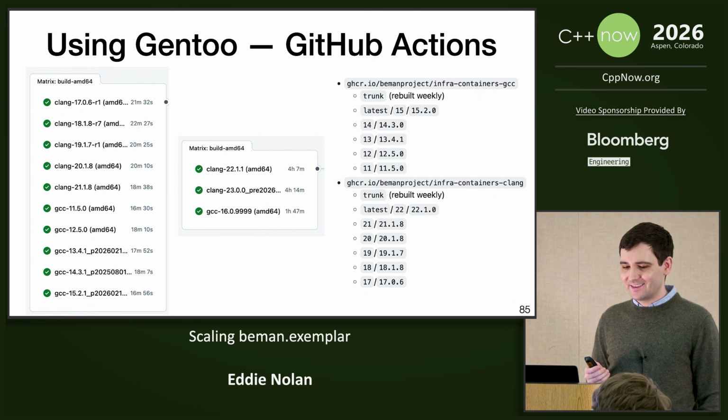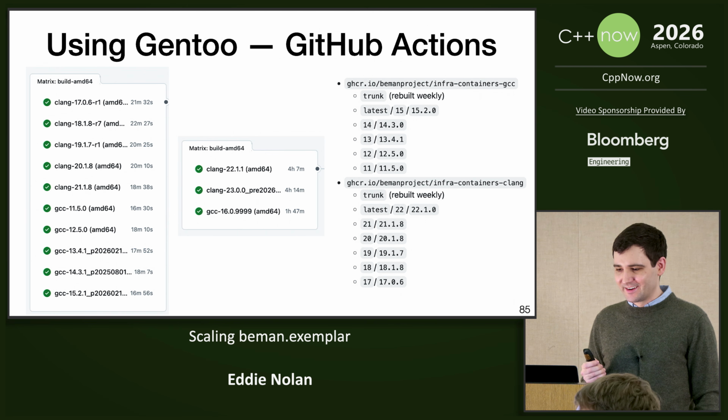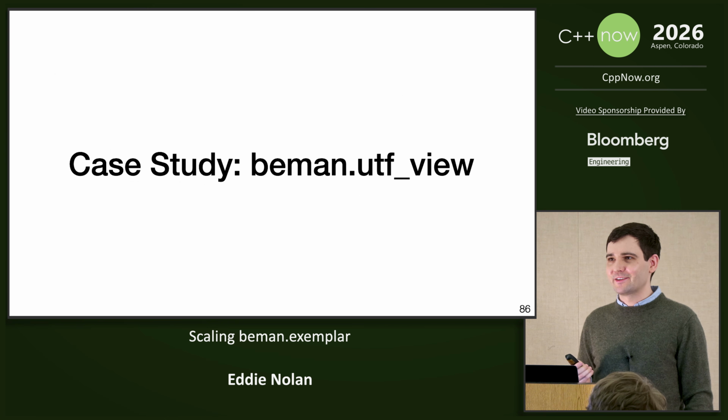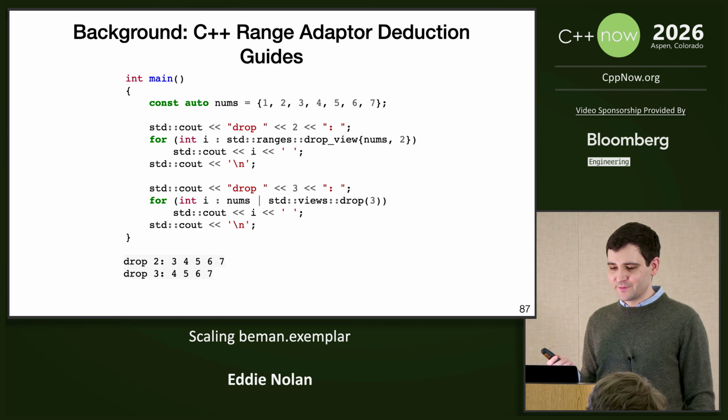So for how these GitHub Actions work, I'm going to talk about a case study with my own library, UTF-View. And to understand what's going on here as background, the C++ ranges library requires deduction guides for all of its views. So this is an example from CPP reference of drop view.